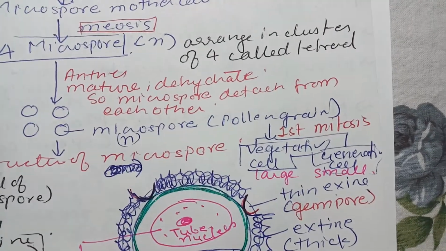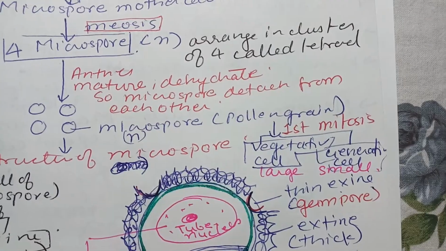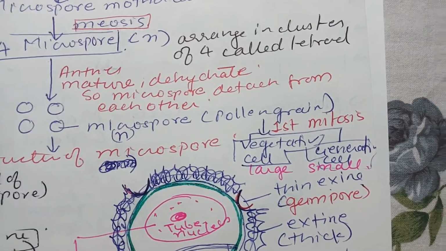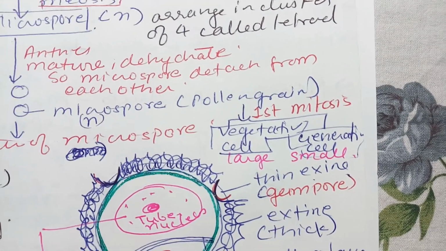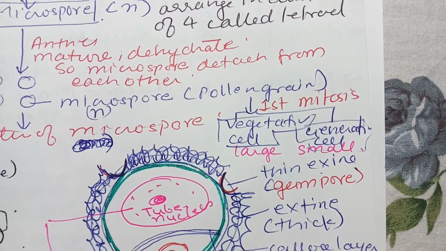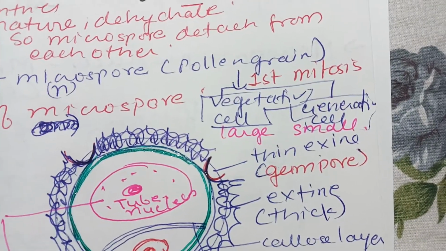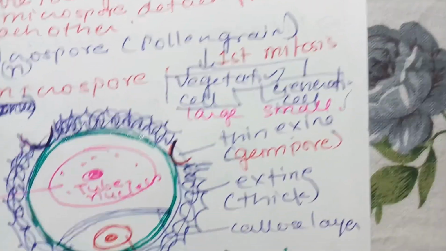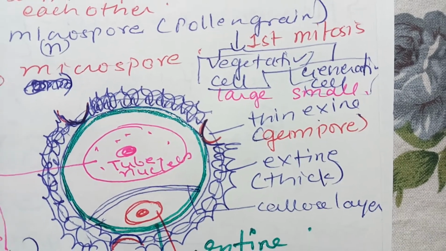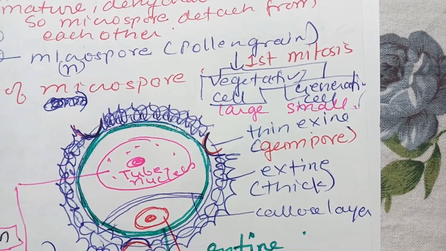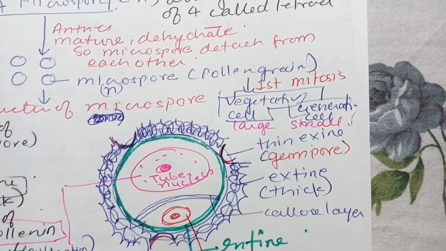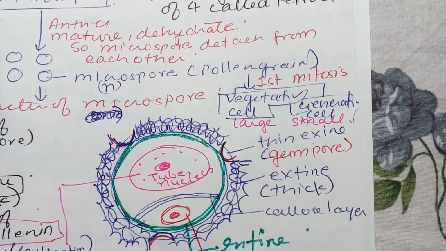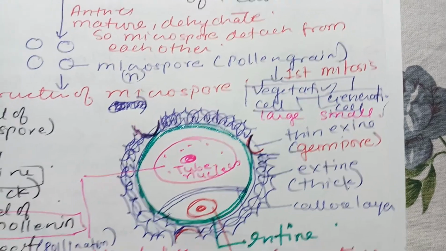While maturing, the microspore undergoes the first mitotic division, and it results in the formation of two different types of cells, the vegetative cell and the generative cell. The vegetative cell is the large cell, the generative cell is the small cell, and this generative cell is surrounded by a layer of callose within the microspore.